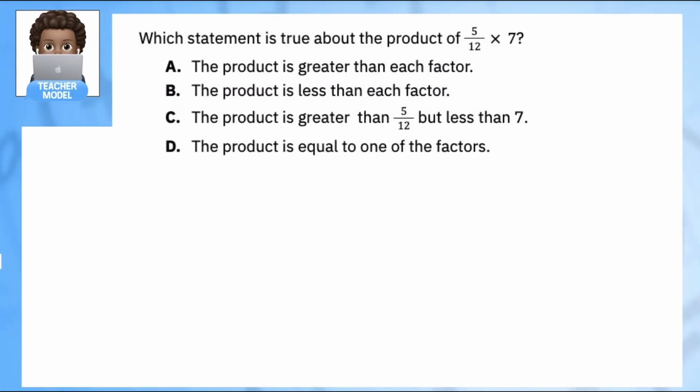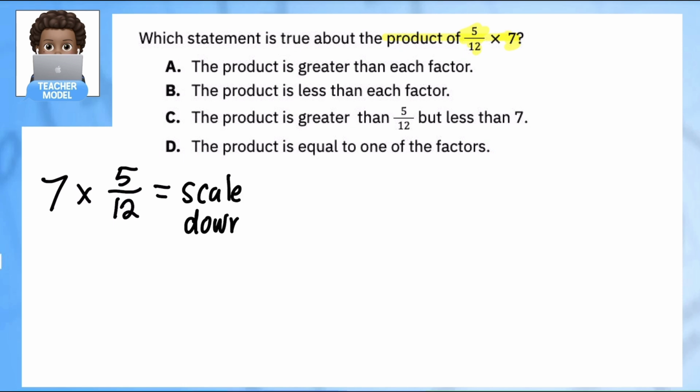Which statement is true about the product of 5/12 times 7? Well, when we just tried this out looking at patterns, we know that when we multiply a number, in this case 7, times a number that is less than 1, we expect that this is going to scale down, and I'm going to get a number that is less than 7.